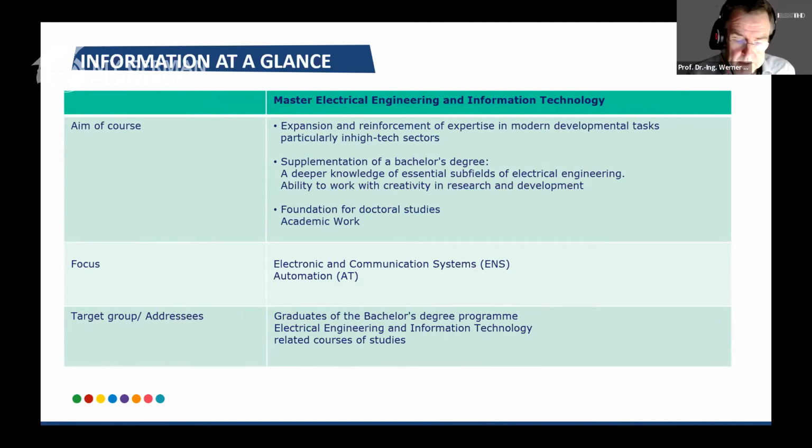So this master is a supplementation of your bachelor's degree. You will gain deeper knowledge in some essential fields like automation and electronics, and you will gain the ability to work with creativity, especially in research and development.